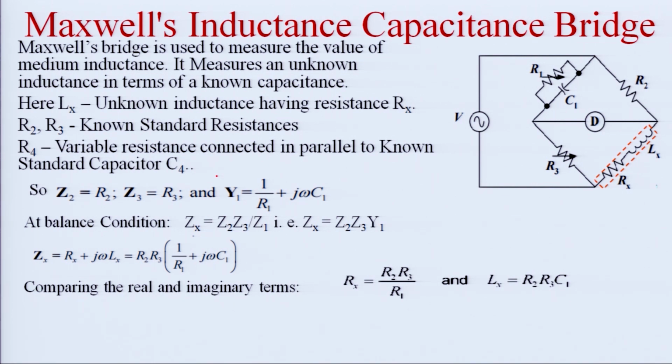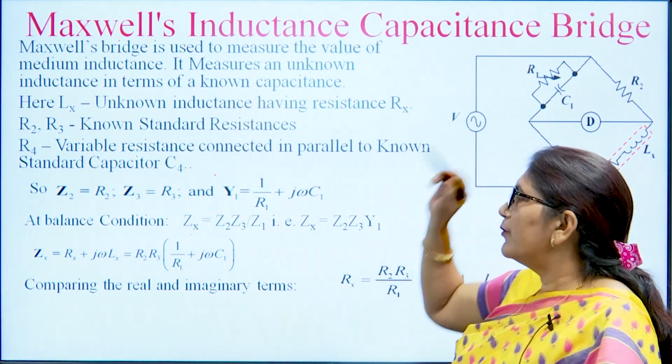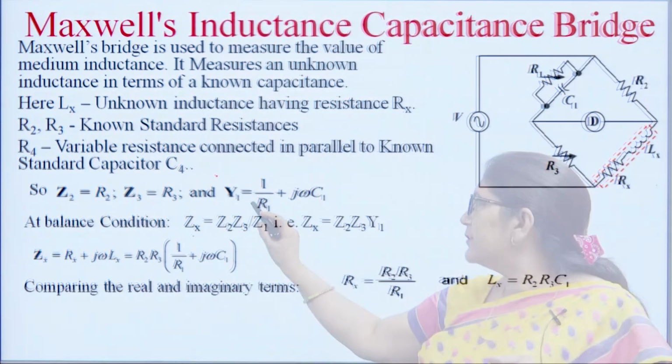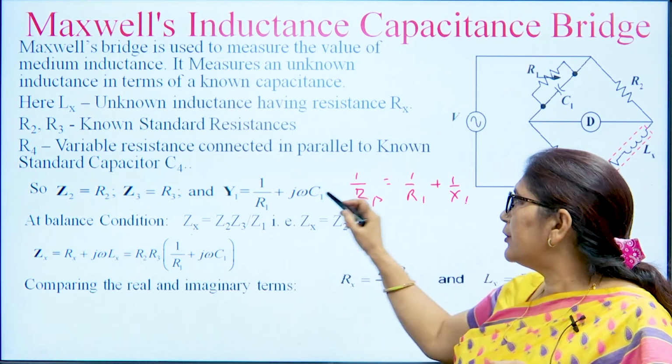Again here Z2 is equal to R2, and Z3 is equal to R3. For the capacitance and resistance combination in parallel, 1 by Zp is equal to 1 by R1 plus 1 by X1, where X1 is 1 by j omega C1.